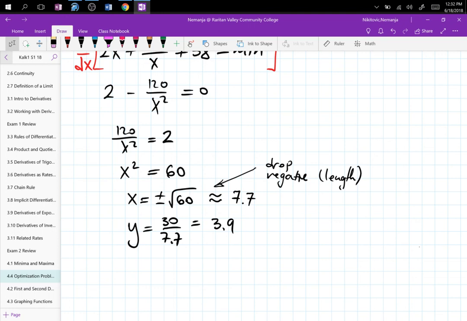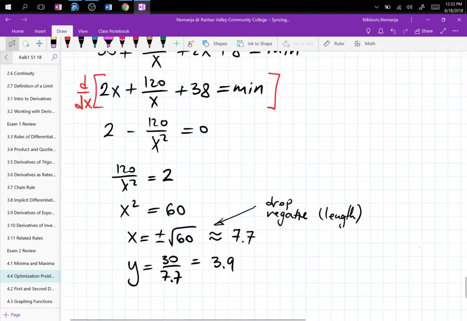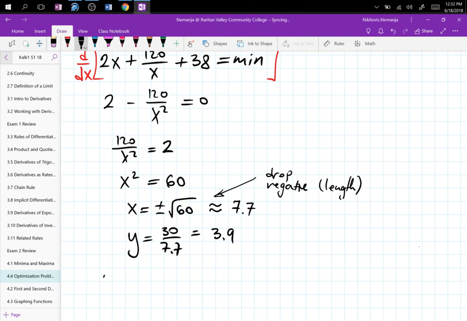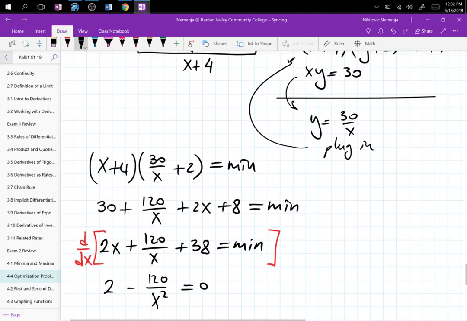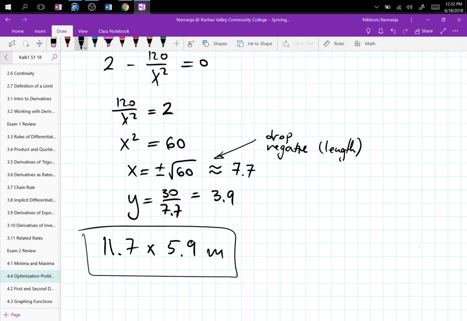They ask what dimensions? Well, the outside dimensions. So we have to add 4 on x. That's 11.7 by this plus 2, so 5.9 meters. Outside dimensions.